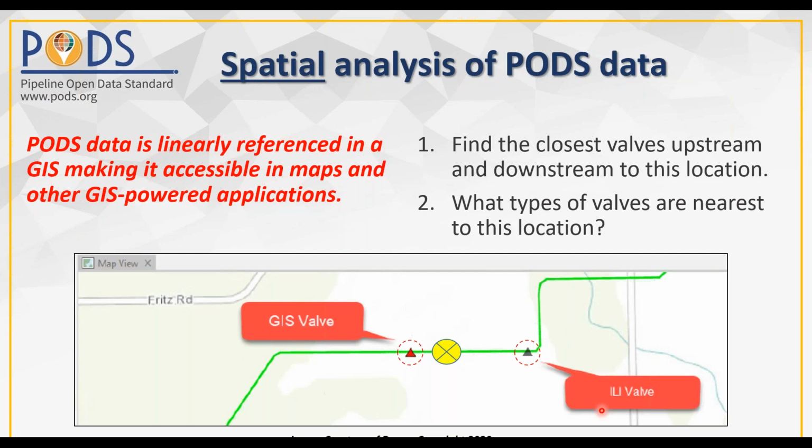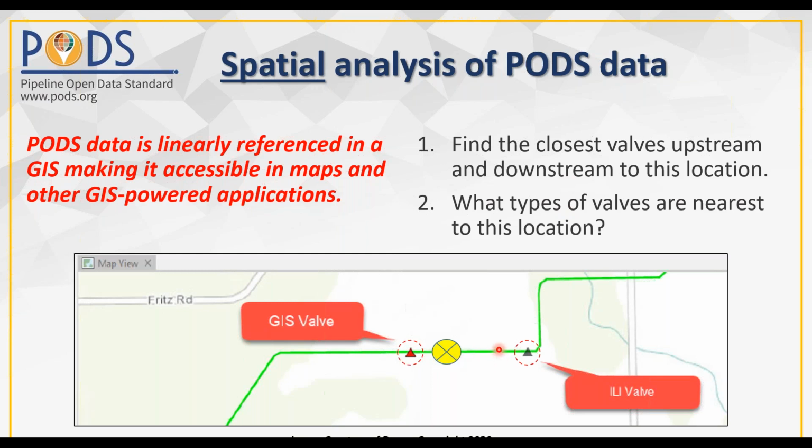Sometimes the simple act of colorizing data or symbolizing data can be considered an analytical technique. In this particular analysis, the questions being posed are finding the closest valves upstream and downstream to this location highlighted in yellow. So you can see those valves that meet that criteria.